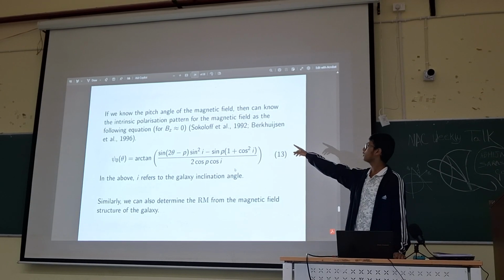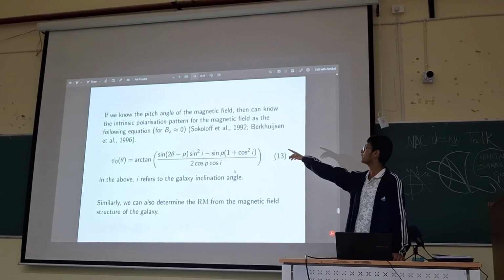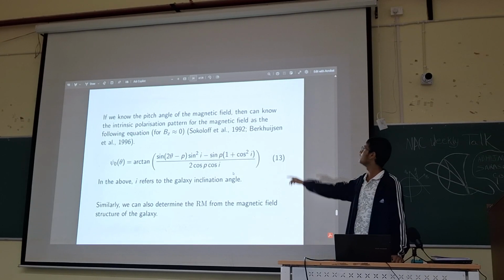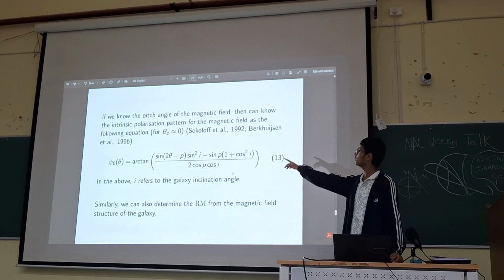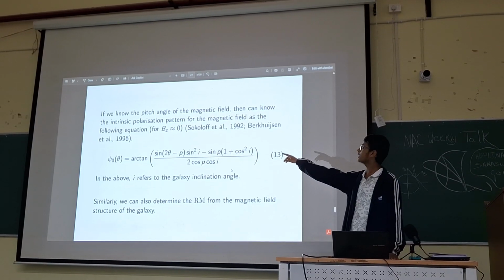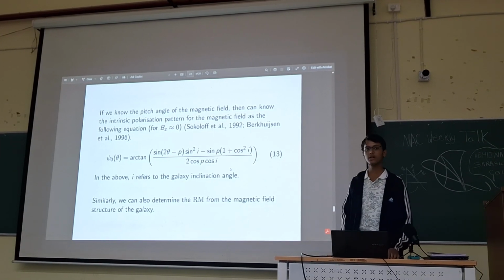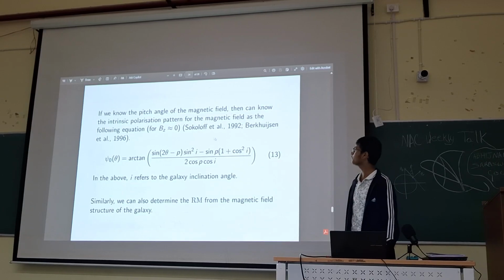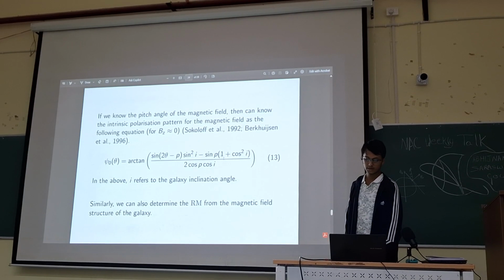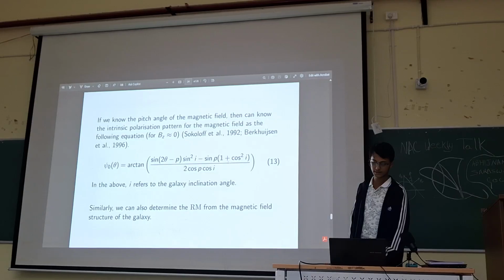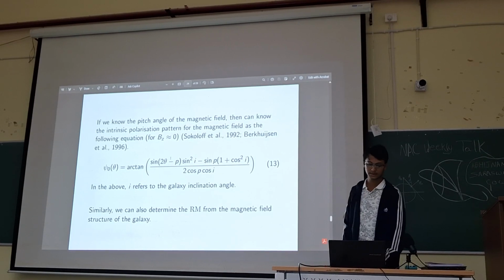So whatever polarization pattern was there at the source of emission, that is the intrinsic polarization pattern. So if we know the pitch angle of the magnetic field, then we can know the intrinsic polarization pattern, using this particular expression.